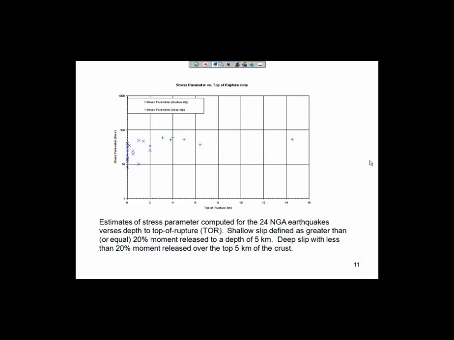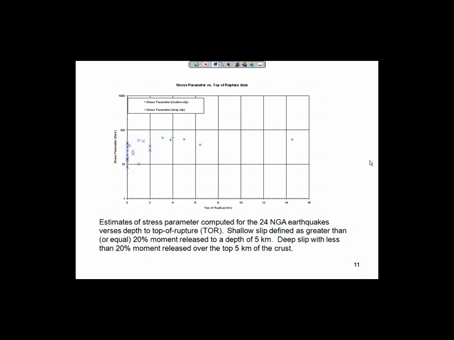Now, they were looking at all different types of earthquakes, whether they're continental, whether they're subduction zone. But there was no systematic variation, and the range of stress drops that they had was very, very broad.